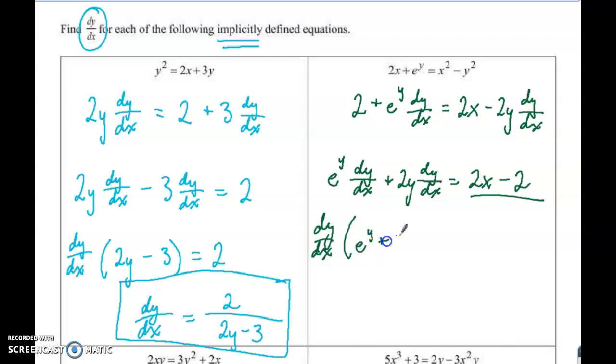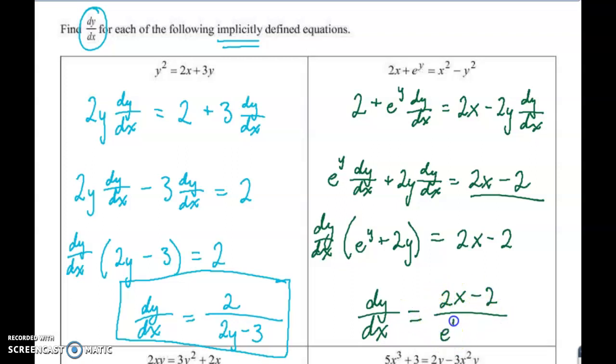E to the y plus 2y is equal to, I mean, if you want to, you could factor it out, but it's not necessary. Let's say you had 2e to the y plus 2y, then yeah, you could factor out a 2 and divide everything. But it's not necessary here. So our final answer is 2x minus 2 over e to the y plus 2y, because again, I divided.